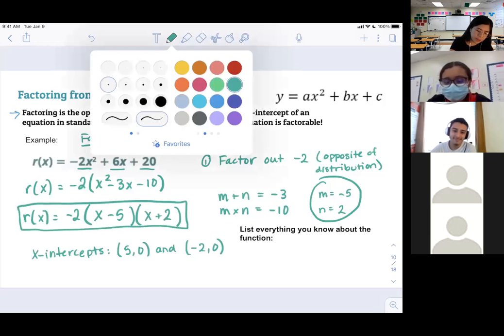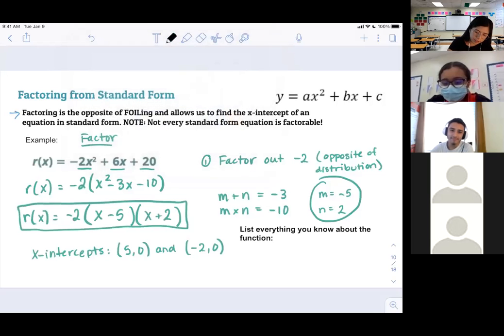So now let's go through it. We just found everything. Let's list it out. What are the 3 values that I now know? The x-intercept, the y-intercept, and the vertex.